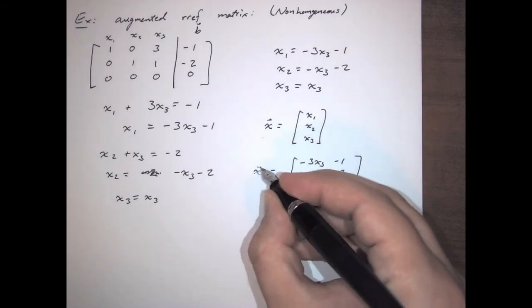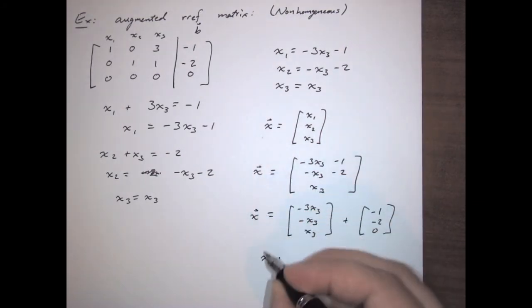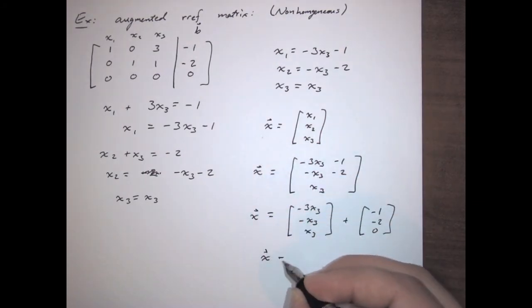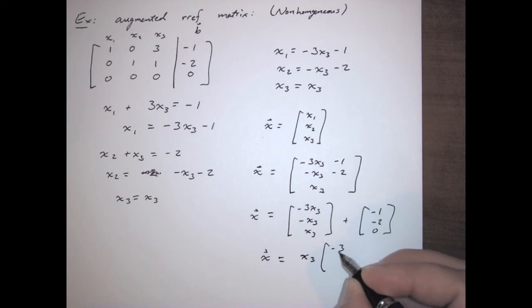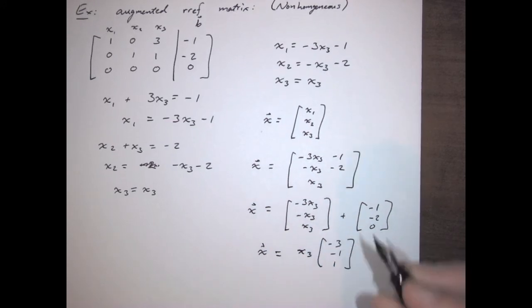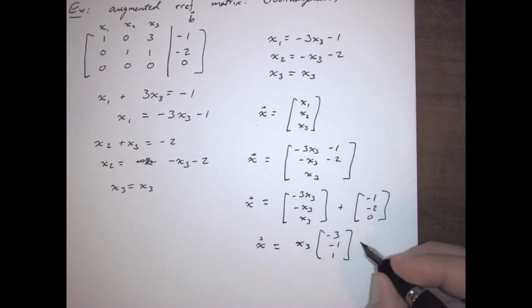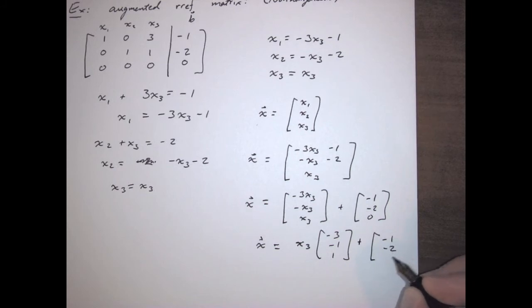And then we can pull out the x3 from this part. This is x equals x3 times negative 3, negative 1, 1, so just peeling the x3 away from its coefficients there, plus negative 1, negative 2, and 0.